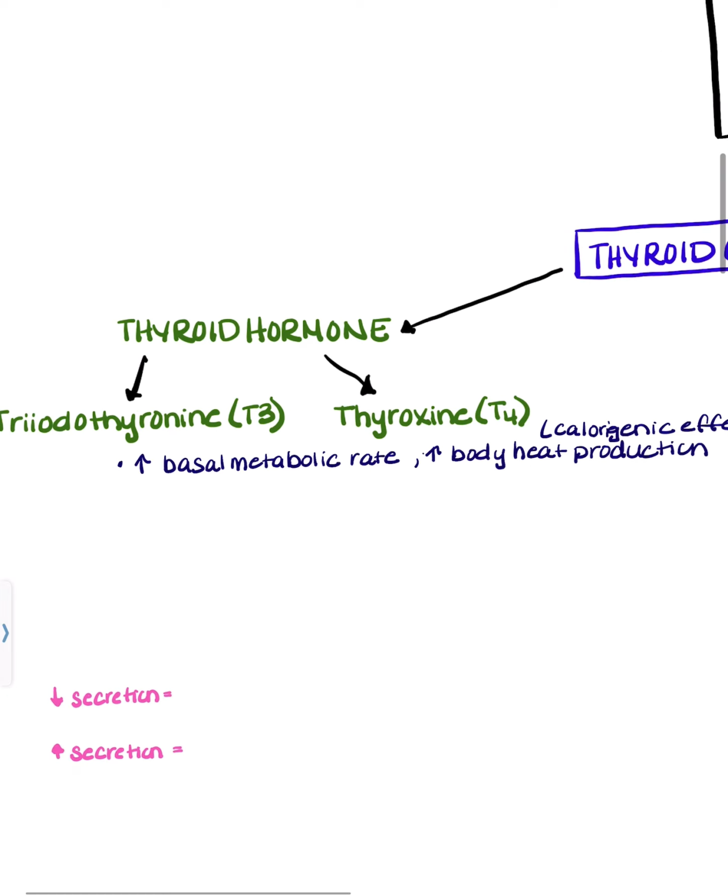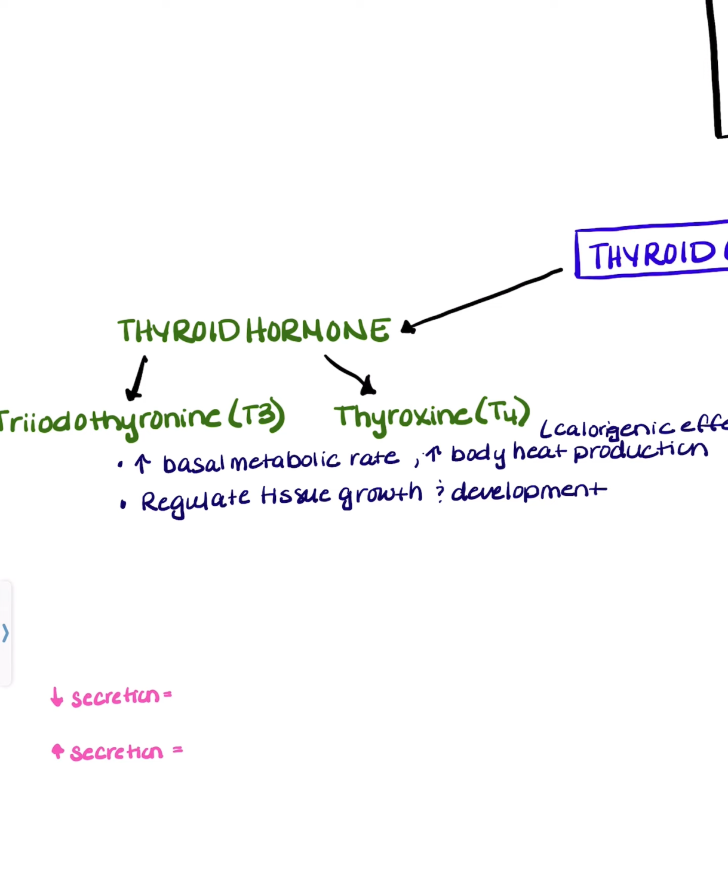Okay, other things that the thyroid hormones can do are things like regulate tissue growth and development. So the thyroid hormones are absolutely critical if we're talking about nervous tissue, muscular tissue, or even skeletal tissue.